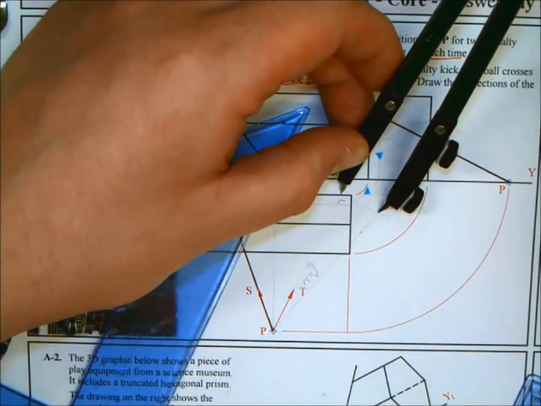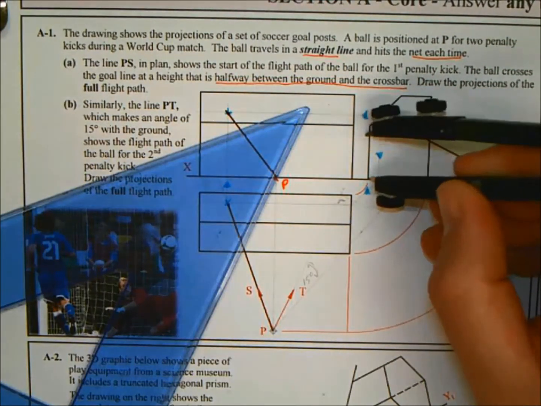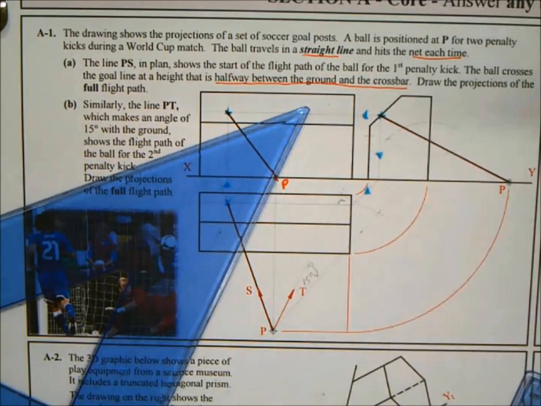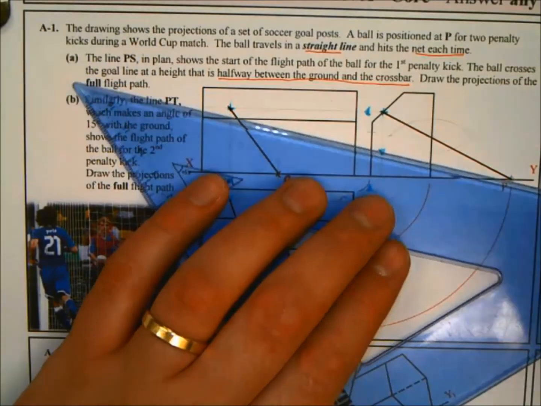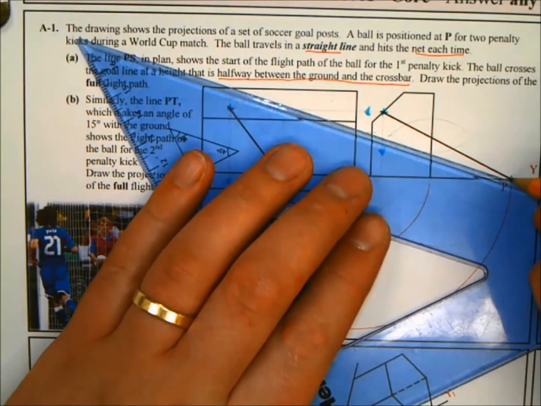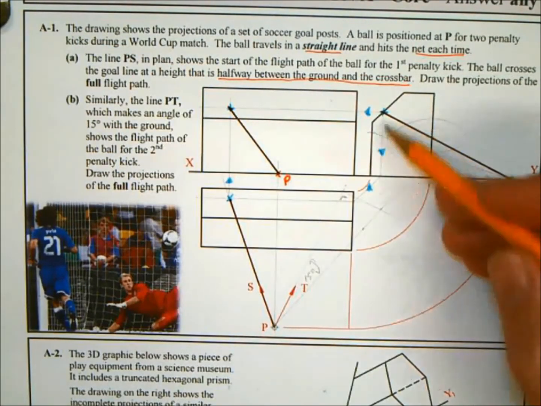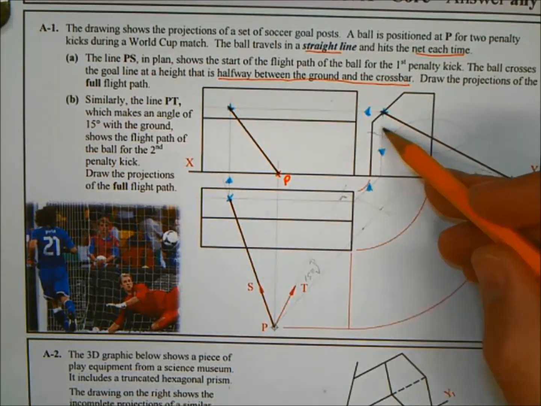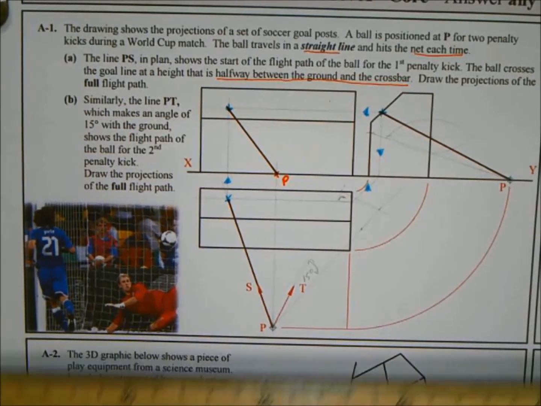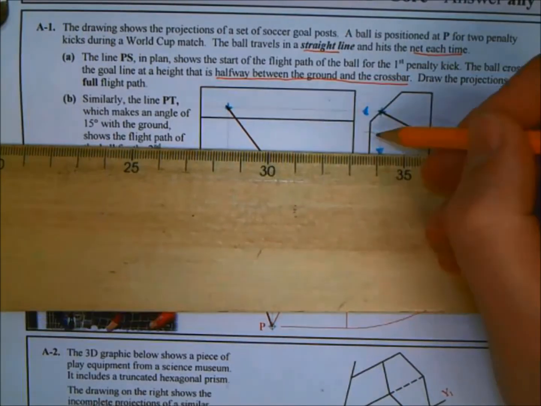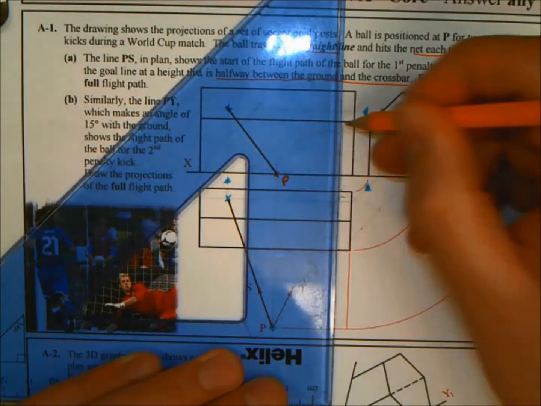Mark that up onto the back of the net to show what height it would be if it was 15 degrees to the ground. That's the height of the point on the back of the net. Therefore this is the path of the PT line in the end view. So bring that point straight up and bring that point straight across, and it will give you the position of that point on the back of the net in elevation.